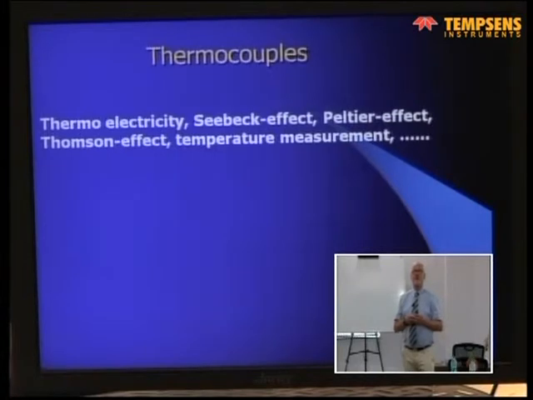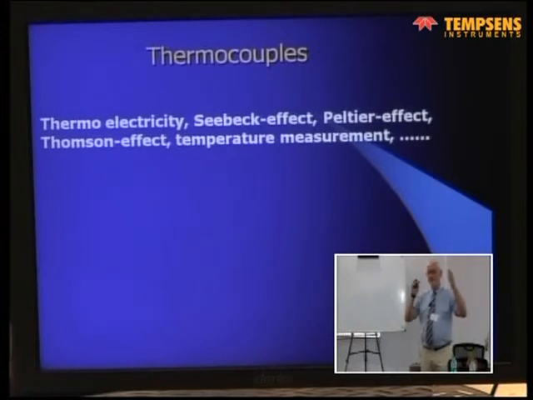Basically, thermoelectricity, Seebeck effect, Peltier effect, Thomson effect, all have an effect in temperature measurement with such elements. And unfortunately, they are combined together. So you cannot have only a simple effect, but you always have a combination of the Seebeck, Peltier, and Thomson effect.